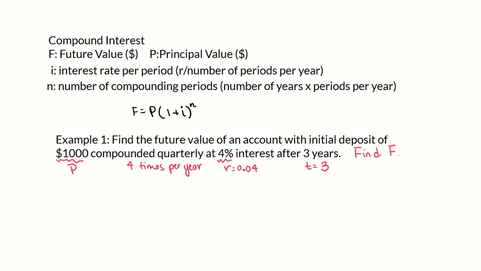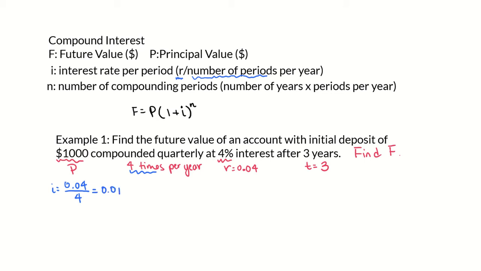So I is going to be the interest rate per period, or the rate R divided by the number of periods per year. Since the rate R is 0.04, we divide by the number of times per year, which is 4. So we divide 0.04 by 4 to get I equals 0.01.